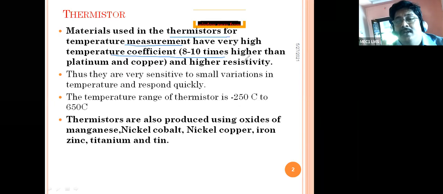Higher resistivity means it resists the flow of electrons, the flow of current, very strongly, and thus they are very sensitive.